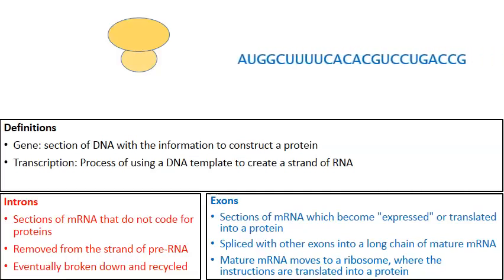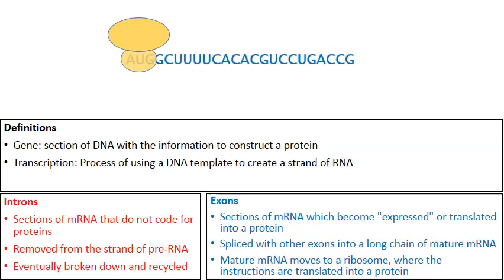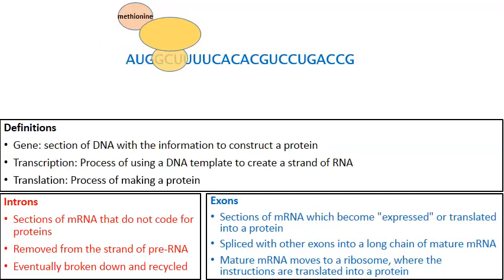So here's a ribosome, and here comes the mature mRNA that was just created, and now the process of translation will occur at a ribosome, the process of making a protein. And so AUG, you might know, is a codon that starts this process, and tRNA delivers an amino acid called methionine. The ribosome moves down to the next codon.